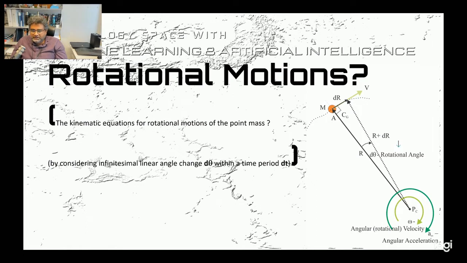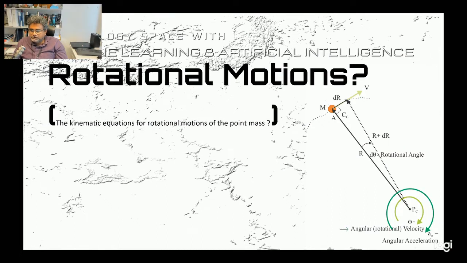In this situation, it has an infinitesimal angle change of d theta within the time period of dt, and this d theta rotational angle is also noted in this figure. The angular or rotational velocity of this point mass with respect to the center of planar motion is denoted by omega, and the angular acceleration for this point mass is denoted by a omega.